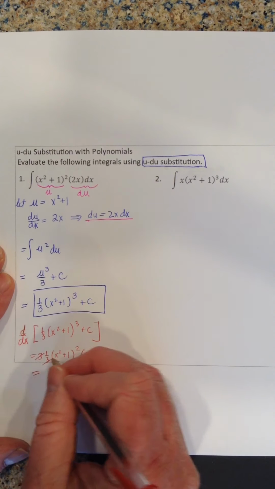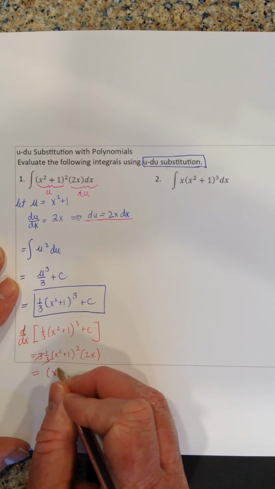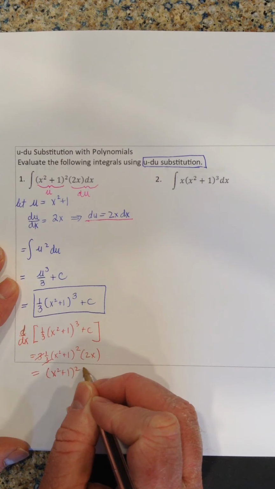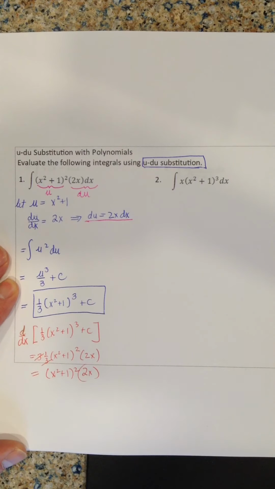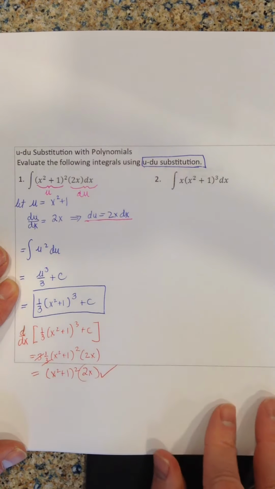So now the 3's cancel, so I get (x squared plus 1) squared times 2x, which is what I started with in the original problem. Okay? So definitely the check worked.